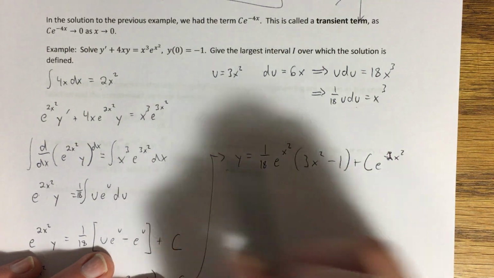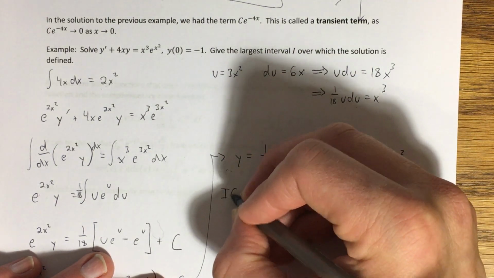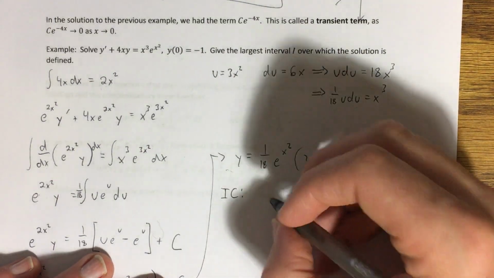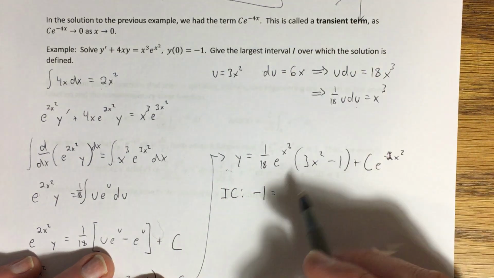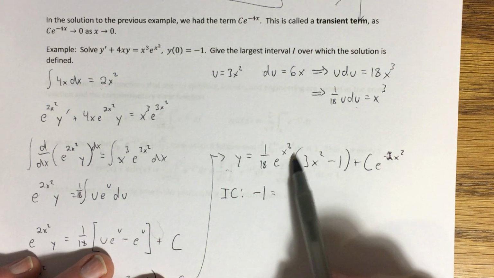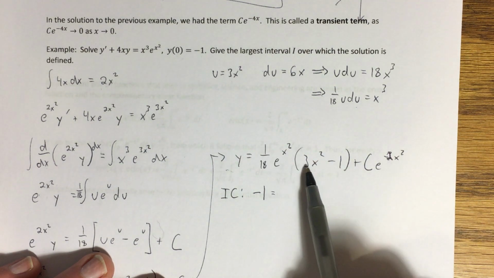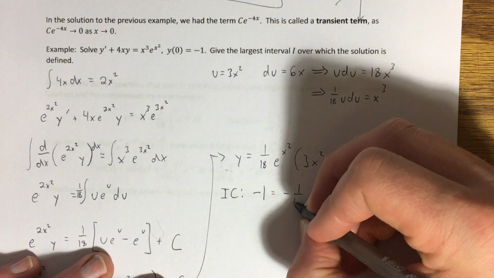So if I plug a 0 or negative 1 in for y, I'm going to say initial condition. That just means I'm plugging my initial condition in. Negative 1 equals, okay, I'm going to plug a 0 in for x. So this term would go to 1. I got 1/18. This whole thing would go to negative 1. So this becomes negative 1/18.